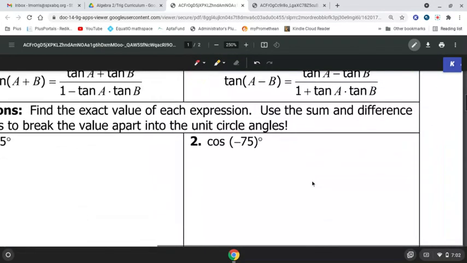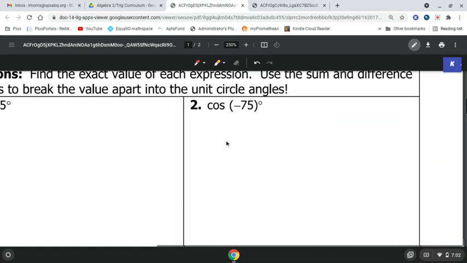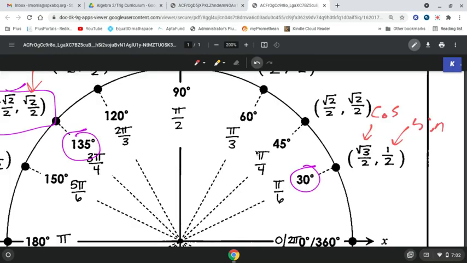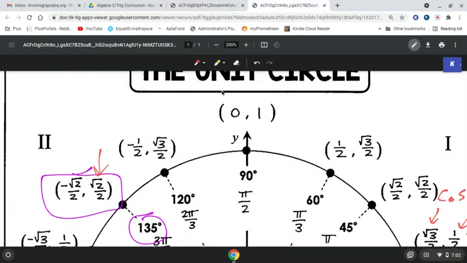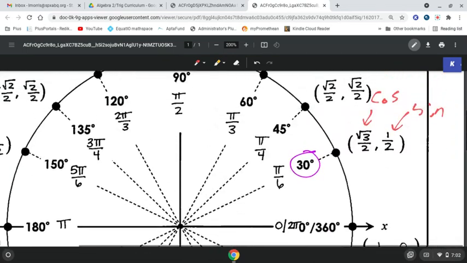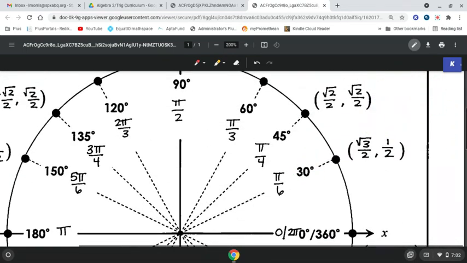All right, so if we look at cosine of negative 75, what we want to do is break this apart into something minus something. And we want to use two numbers that are going to be on the unit circle because we can use our unit circle and the ordered pairs to give us sine and cosine of whatever our values are going to be.